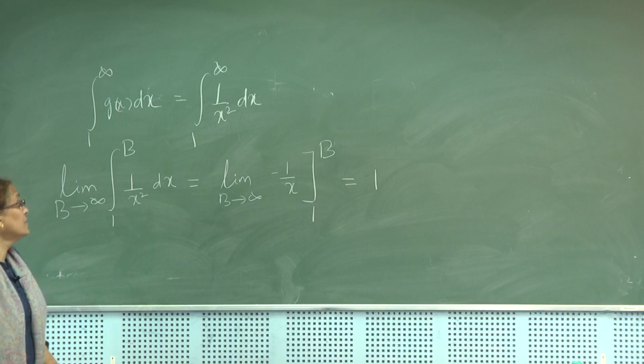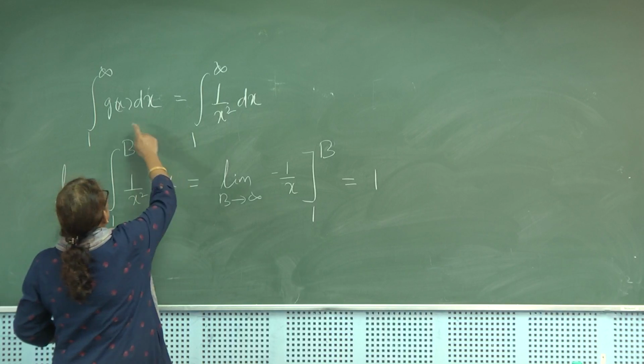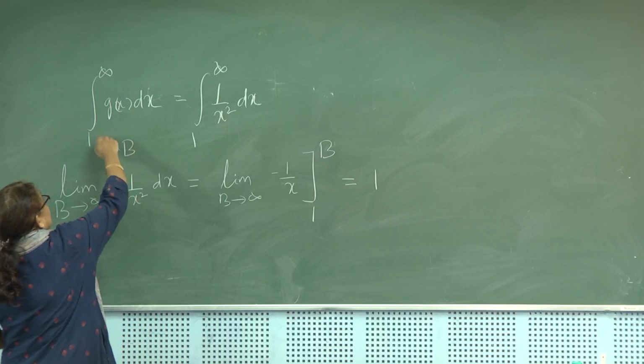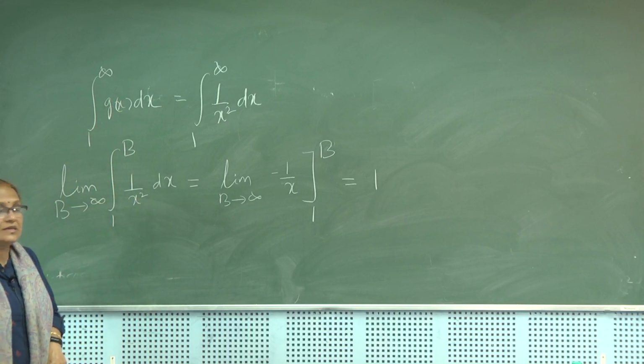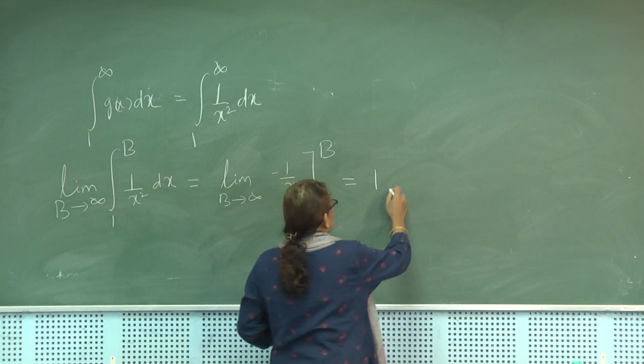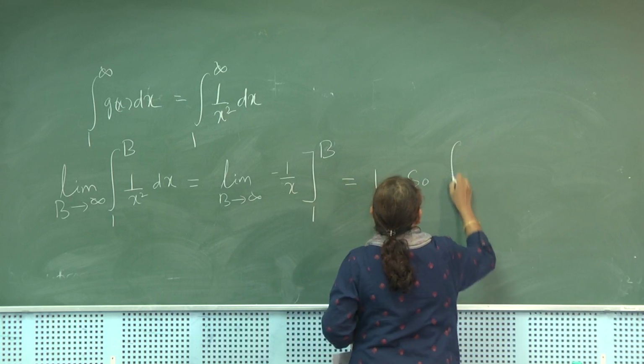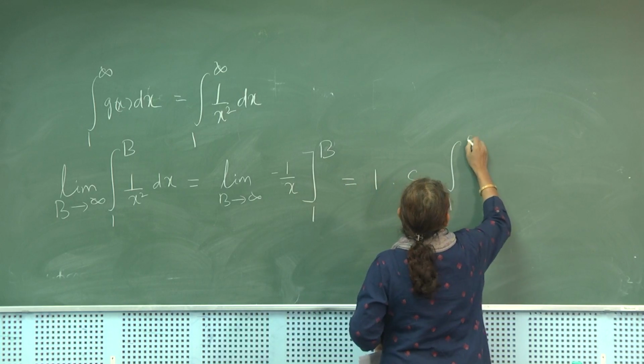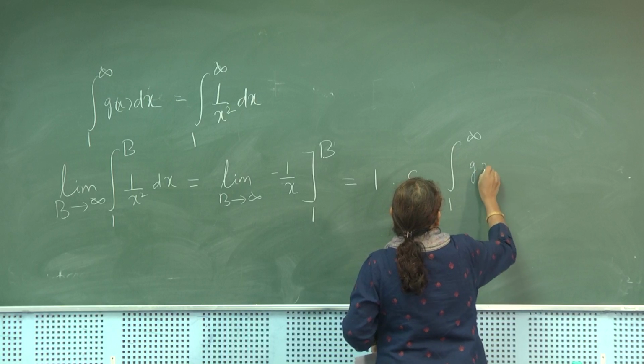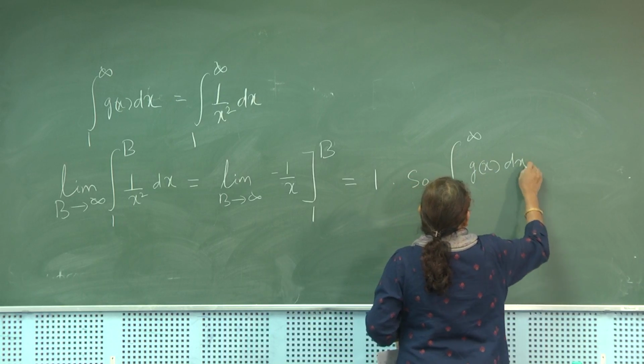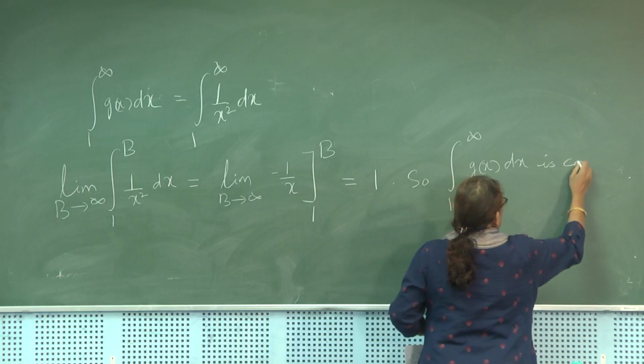Therefore, this integration g x dx from 1 to infinity is convergent. So, this integral 1 to infinity g x dx is convergent.